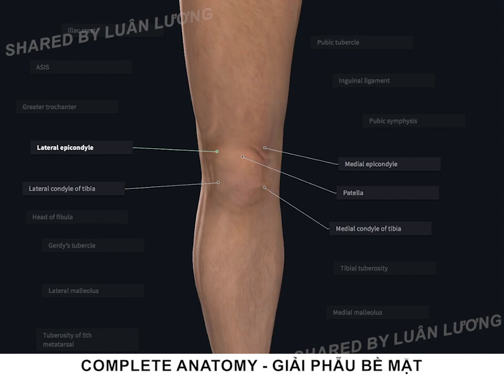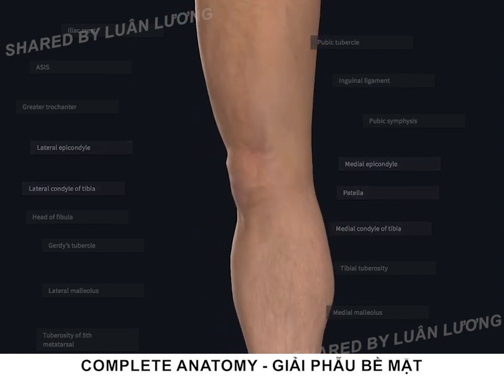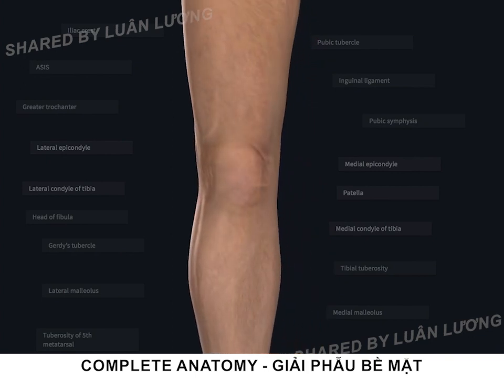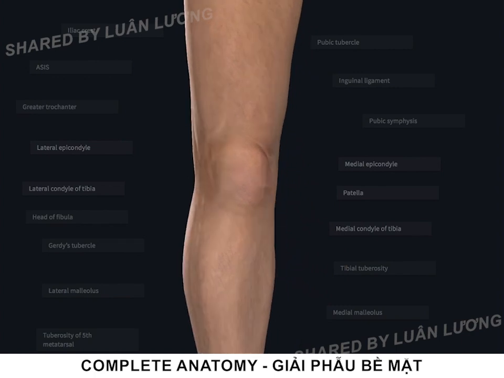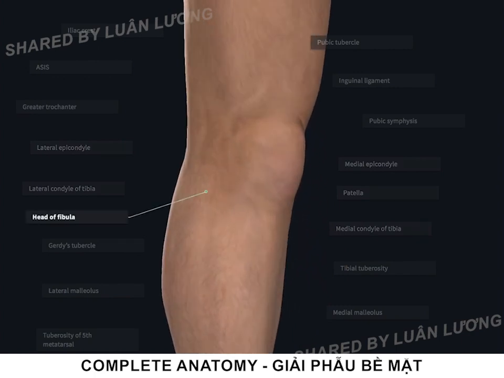Inferior to the patella to either side, a physician can palpate both the lateral and medial condyles of the tibia, just distal to where the patella is going to slide over the proximal end of the tibia. Near this location, a physician can also palpate on the lateral aspect of the knee the head of the fibula, which is going to be an attachment site for the fibularis longus and brevis, just inferior to the knee joint.